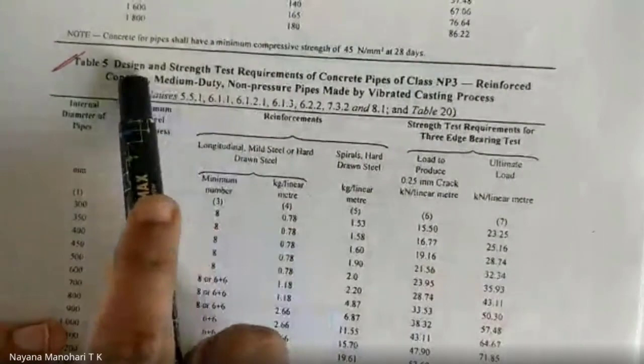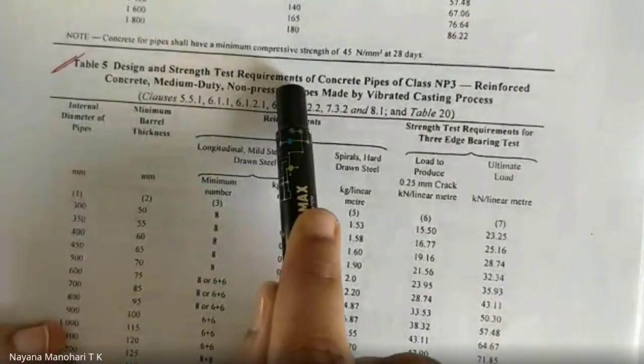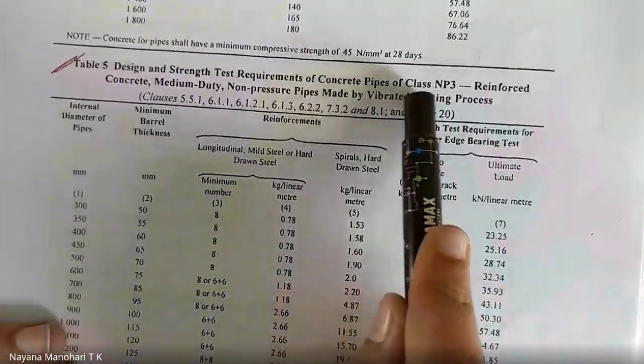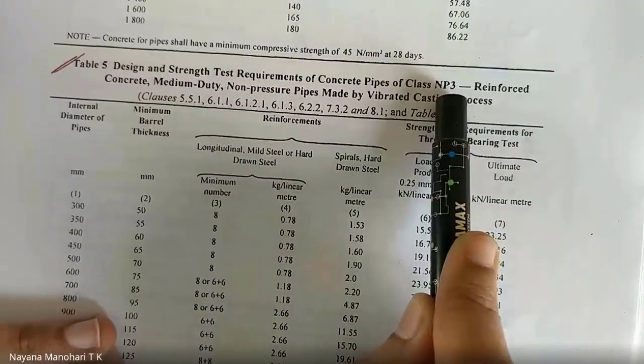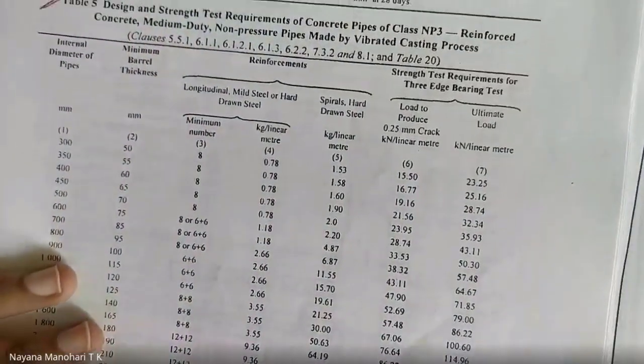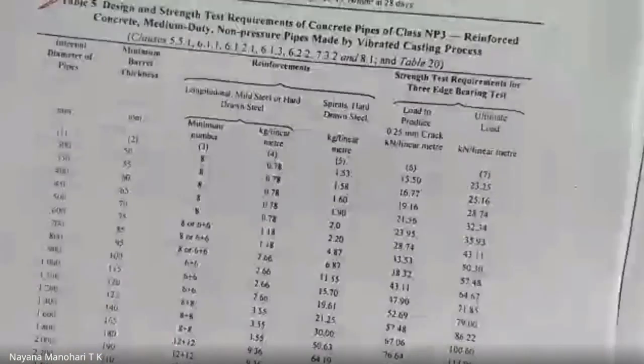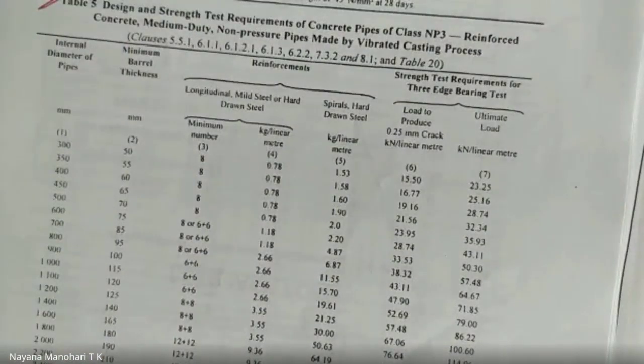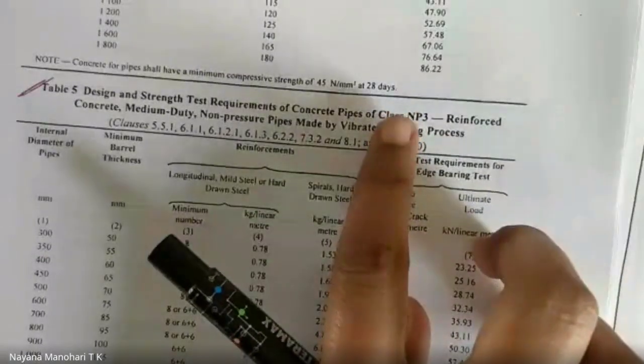Here are the design and strength test requirements of concrete pipes of class NP3. In this problem, they have not specified whether the pipe belongs to class NP3 or NP2. In some of the problems in the coming classes, they are going to mention the class NP3.